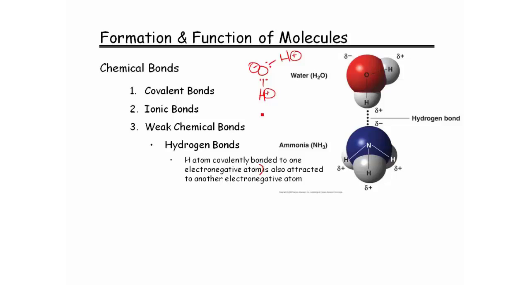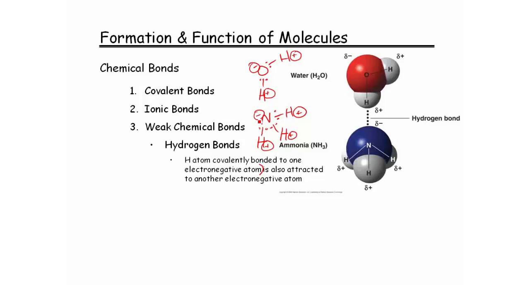Now, if we look down here as well, we've got ammonia, and ammonia is NH3, and ammonia is very similar to a water molecule in that you have something that is very electronegative, nitrogen in this case, that is sharing electrons with hydrogens. And so you have in this one 3 polar covalent bonds, which makes the nitrogen a little bit negative and the hydrogens a little bit positive.